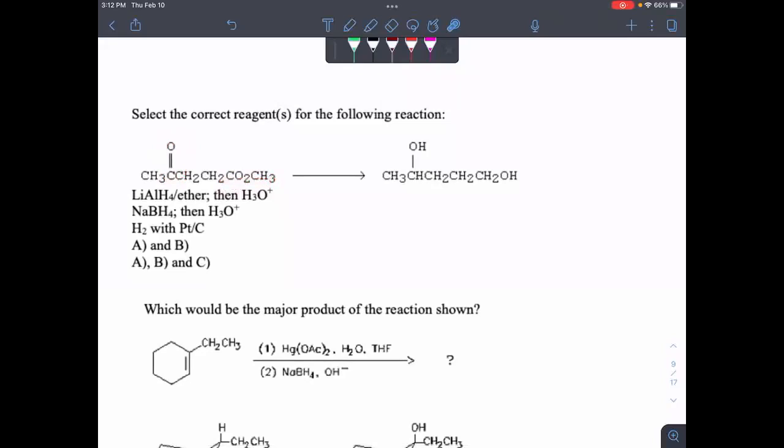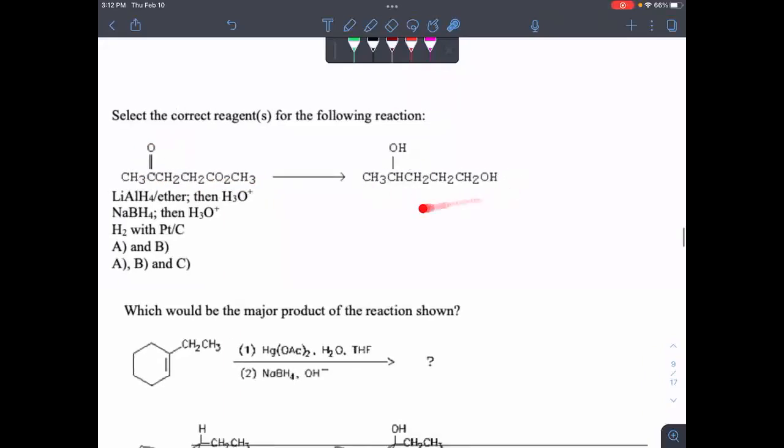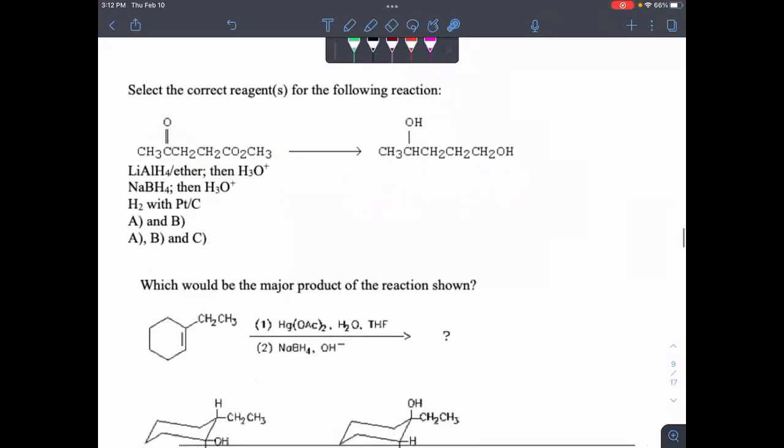That's an ester. How do we know it's an ester? Yeah, because it's CO2 and then R on either side. So we have a ketone and an ester, and then what do we have on the product side? 2 alcohols. Yeah, you have 2 alcohols. So you reduced both the ketone and ester, so we need a strong agent. And what's the only strong agent here? Number one. Yep.